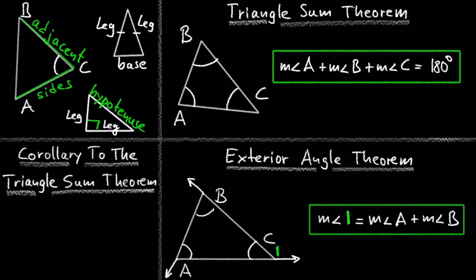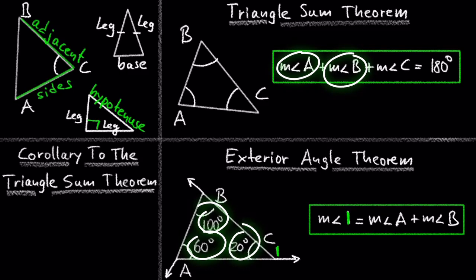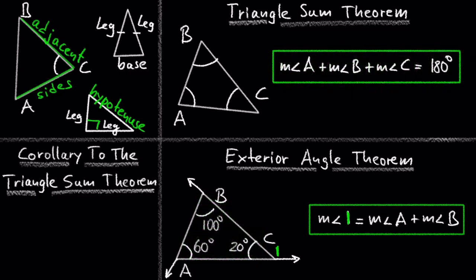Let's say angle A is 60 degrees and angle B is 100 degrees. Then we know from the triangle sum theorem that angle C is 20 degrees. Because 60 degrees plus 100 degrees plus 20 degrees equals 180 degrees.